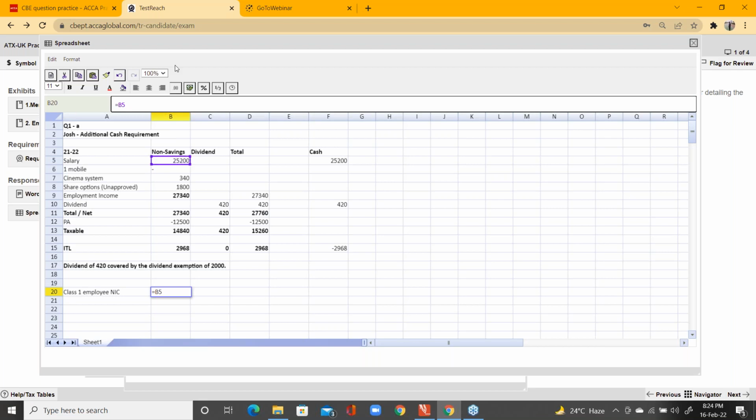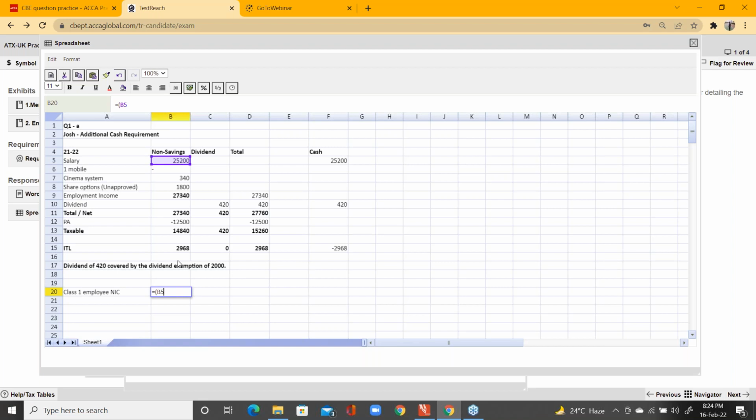From the gross cash earning, that is 25,200, we know for the first 9,500 pounds there is no NIC, and the differential would be multiplied with 12%.